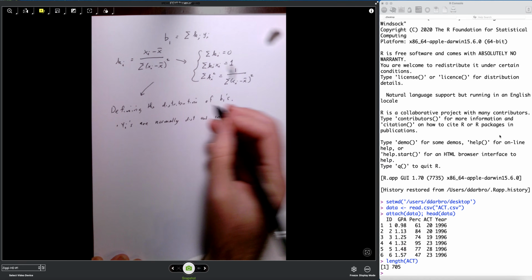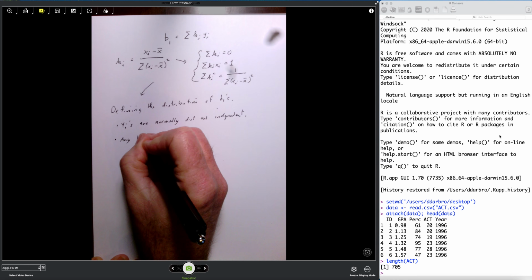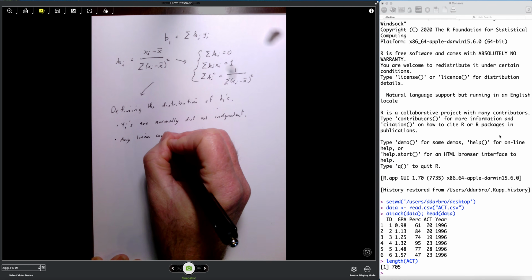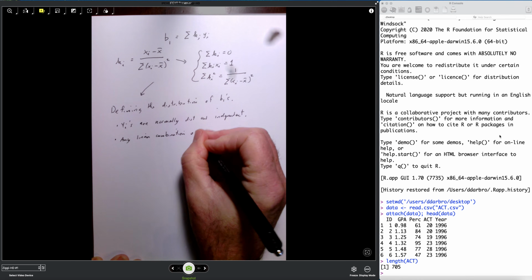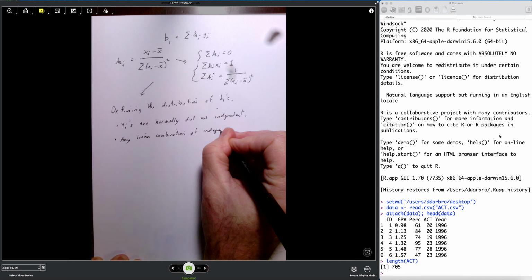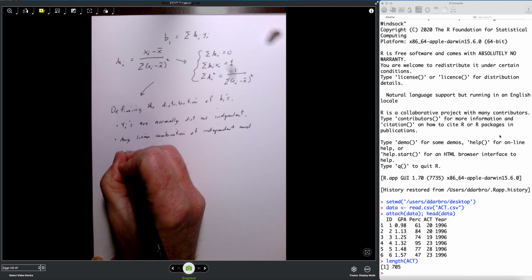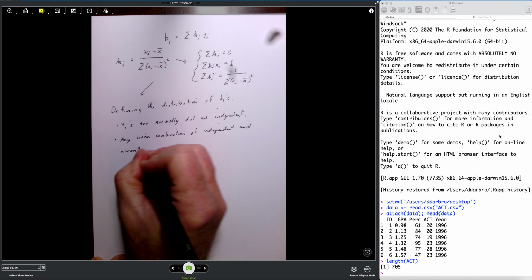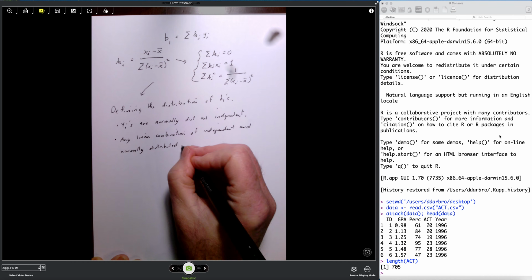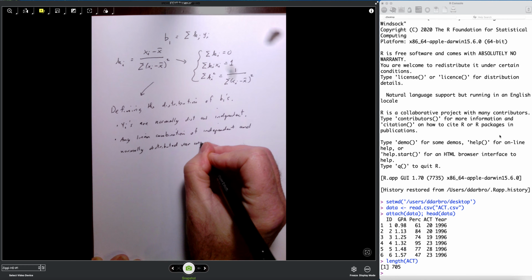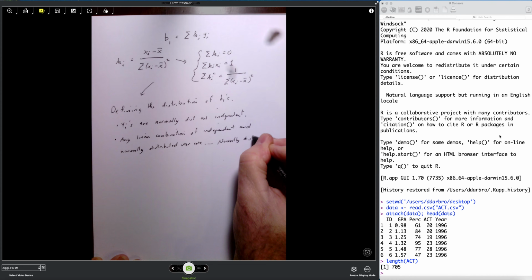That works out nicely because we also know that any linear combination of independent and normally distributed variables is, drum roll please, normally distributed.